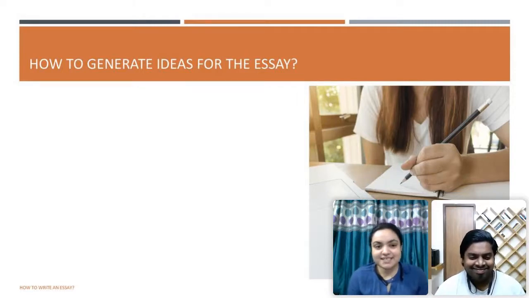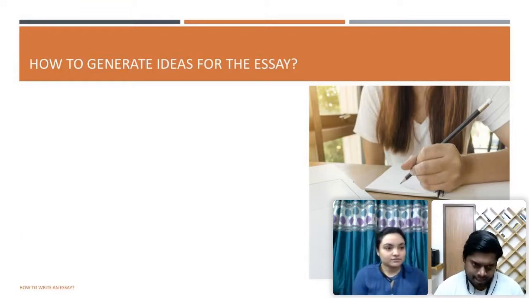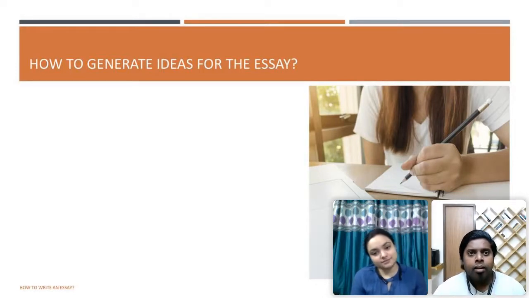So let's think of how to generate ideas for the essay. You've looked at the topic. How would you think of ideas? The moment I'm given a topic to write an essay, I'll think of whatever I know about that topic and whatever I have heard, ma'am.